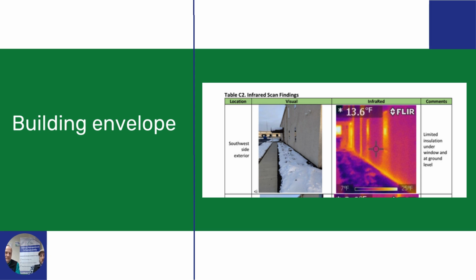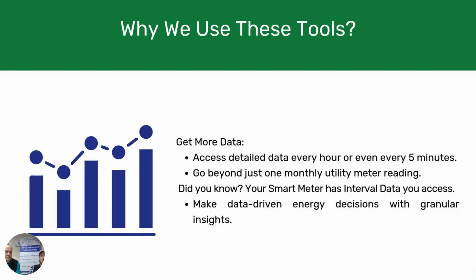Or, in this case, you can see there's a little bit of heat coming out around the foundation. Again, they're probably not going to pick this building up and put insulation around the foundation, but it's also just something to be aware of that could be causing a drafty spot on the inside of the building where there's a lot of heat lost to the building envelope.